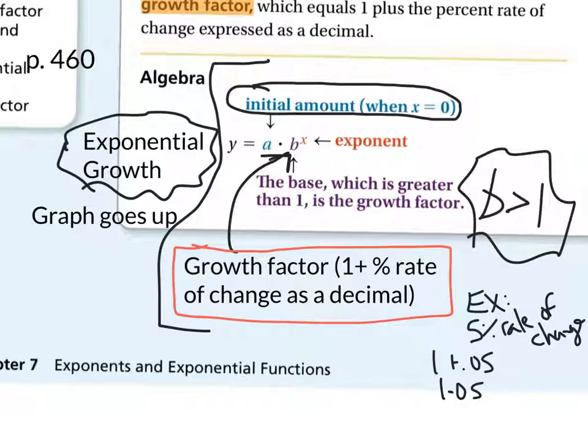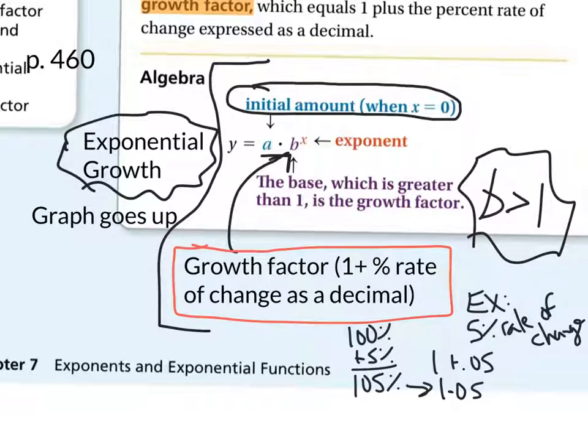And basically what we're doing there for the growth factor, just think about if you have the full amount of something, you have 100%. And then if you have a growth of 5%, that's 105%. And then we're changing it to a decimal. That's another way of thinking about it.